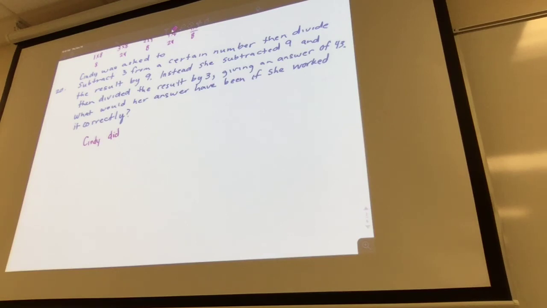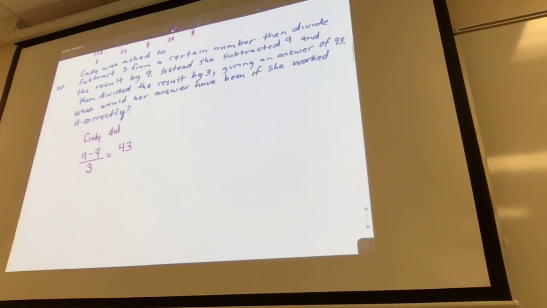She took the number and subtracted 9, so she did the number minus 9, and then she divided that answer. She divided this entire answer by 3. Is everybody with me there? See where I got that from? Okay. What did she get? 43. So let's play with what she got.